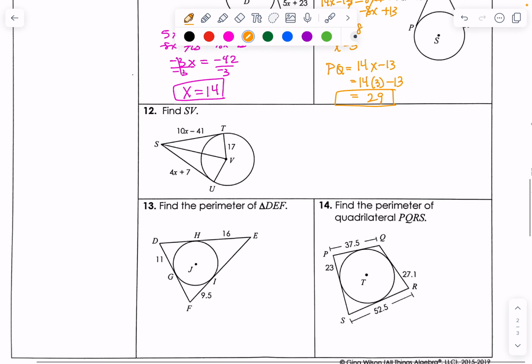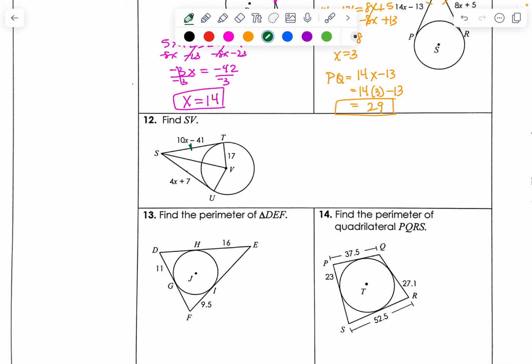All right, now let's look at SV. Now we got to do a little bit of math. So first of all, what we just learned is that those two lines are congruent. I also know that these two lines are congruent.